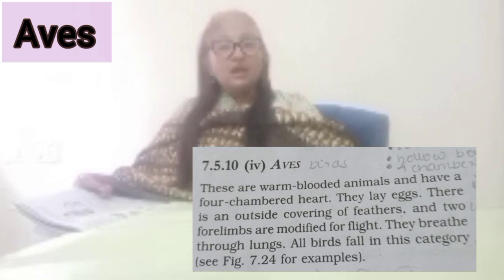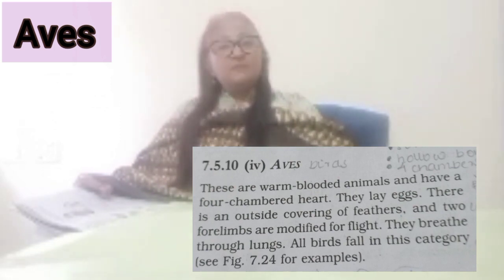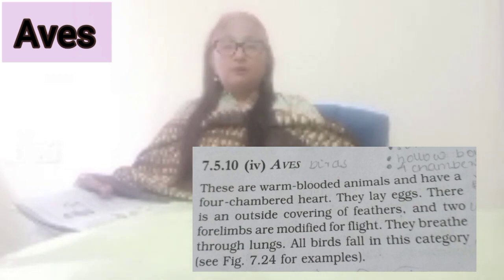Next is aves. That means the birds. They have an aerial habitat. Exoskeleton is made of feathers. The bones are hollow, or we can say pneumatic, which helps them in flight. It makes the body lighter. They have powerful flight muscles, which is also an adaptation for flight.